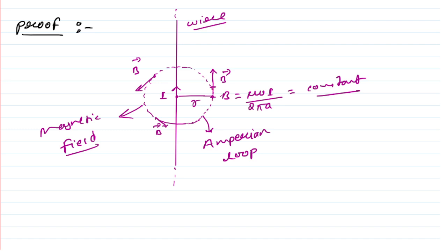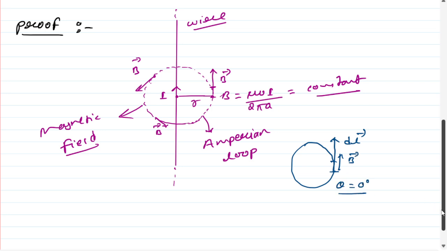This dl vector is pointing in this direction. Any small dl element of this loop will be pointing in this direction, and at this point the B vector is also pointing in the same direction. So theta between them is 0 degrees.